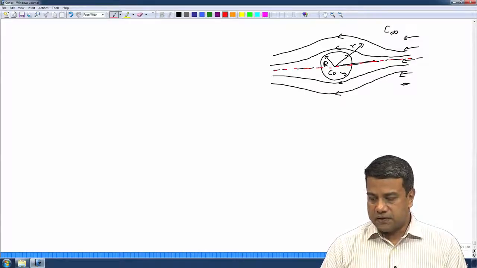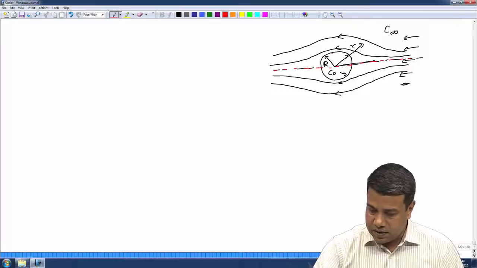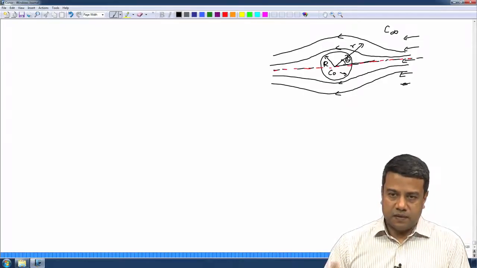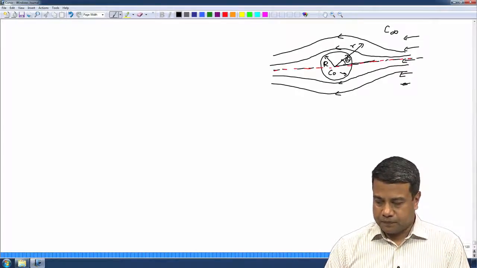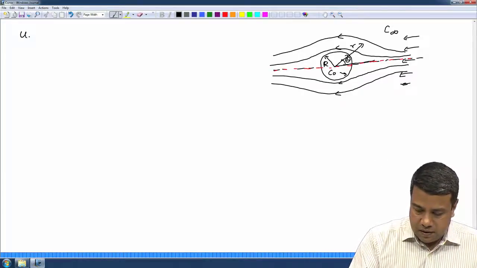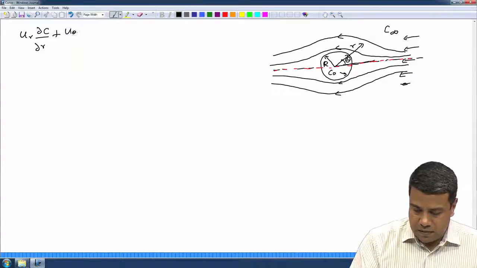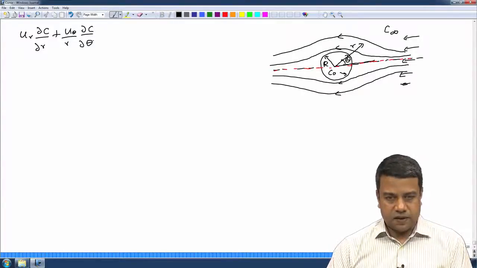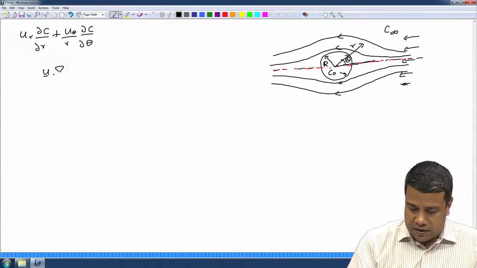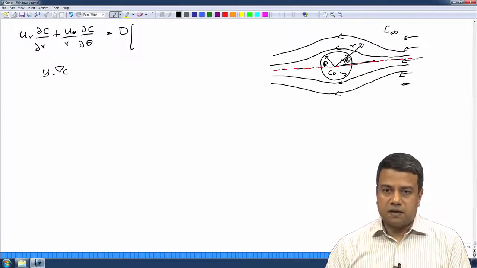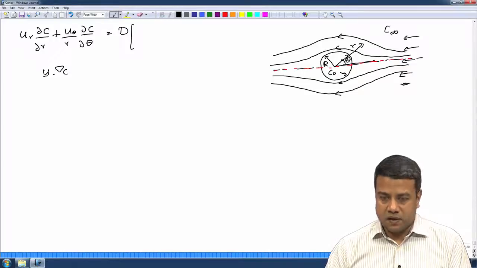Therefore, it is convenient to use a spherical coordinate system with this azimuthal angle theta, which is the angle from this axis. So, the conservation equation at steady state: that is the convective side, u dot grad c, is equal to D into the diffusive part, the Laplacian of the concentration field.